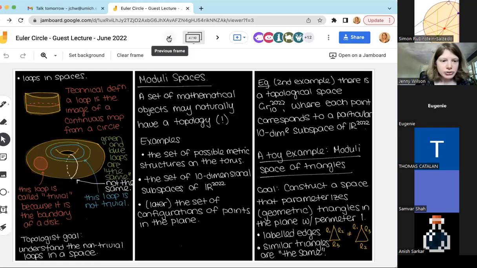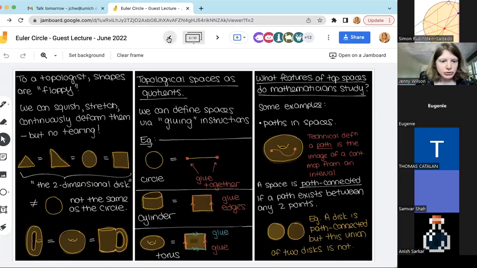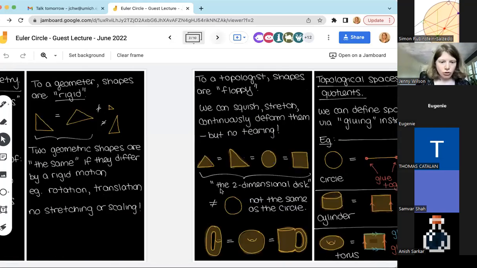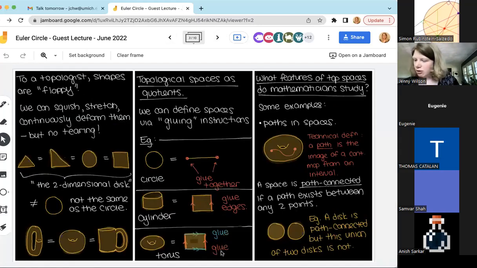Let me go back to slide number 3. Now that we know about this concept of loops, we can answer this question of how do we know a disk and the circle are not the same topological space.